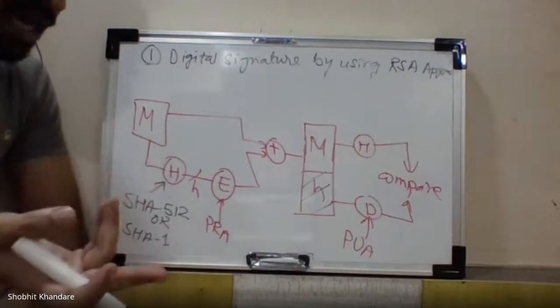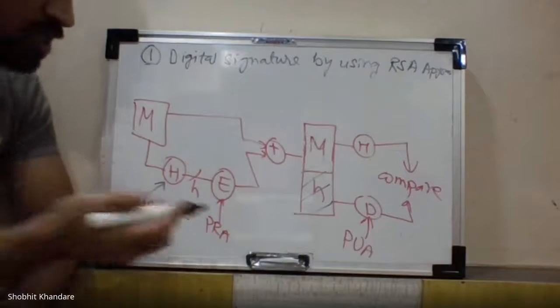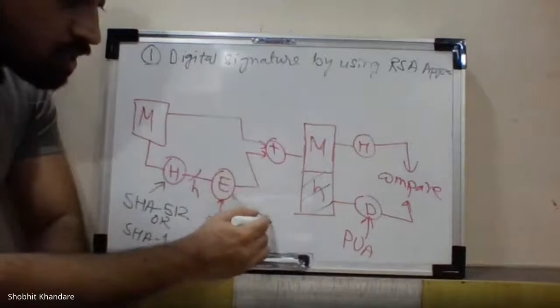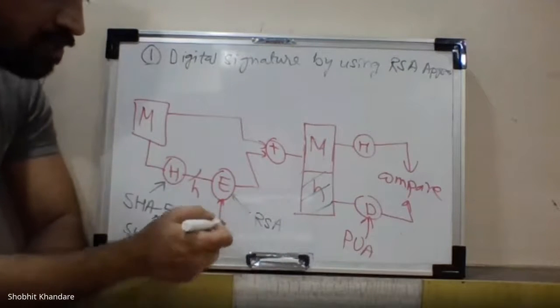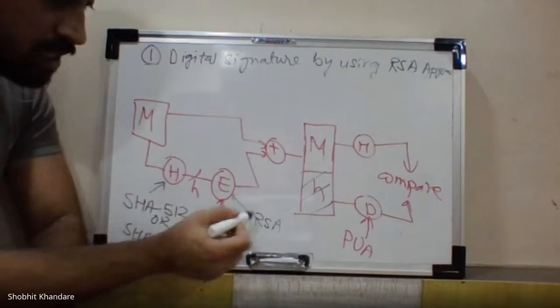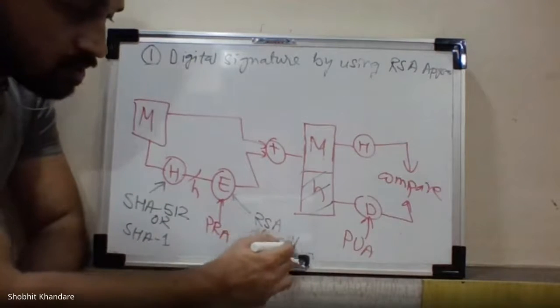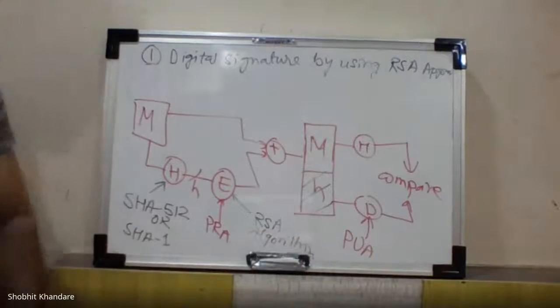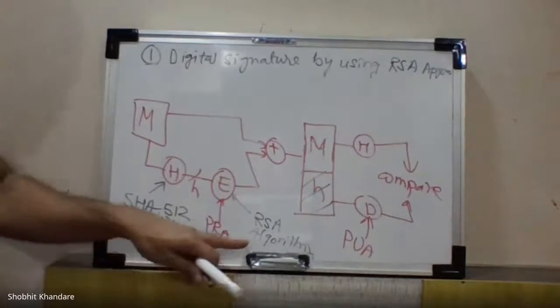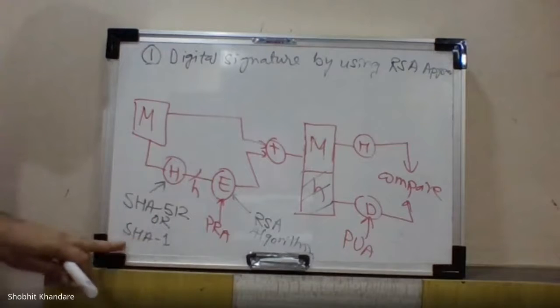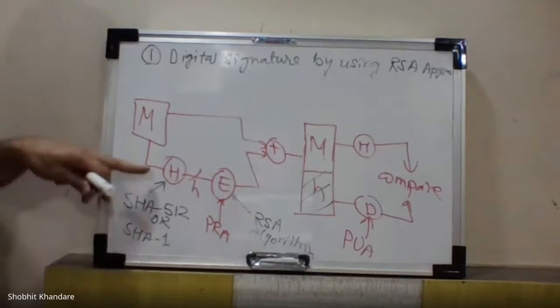Then where do you use the RSA algorithm? The RSA algorithm is used in this encryption, because you know that RSA is used for encryption. So the RSA algorithm is used in the encryption, and the SHA-512 or SHA-1 algorithm is used in the hash function.